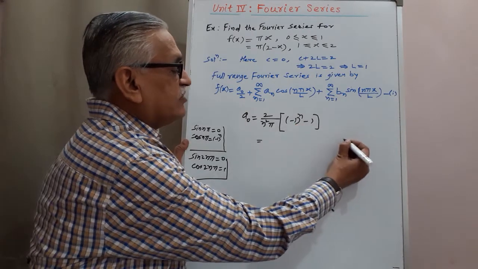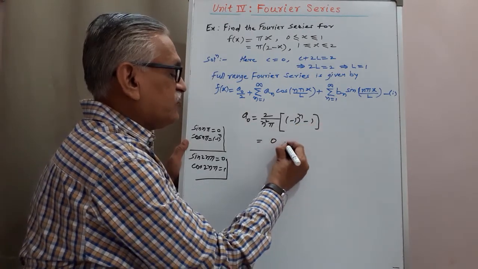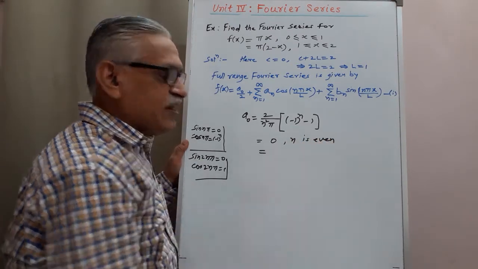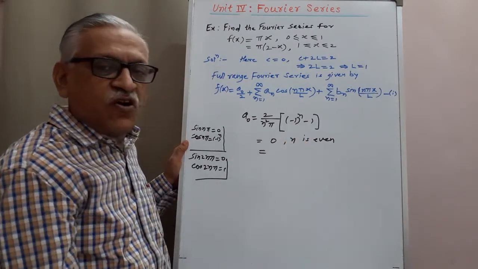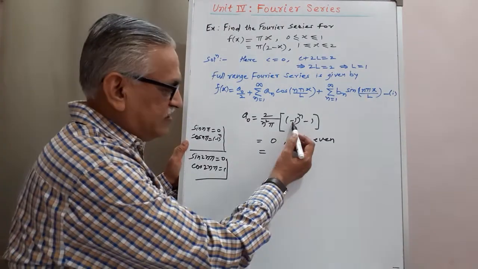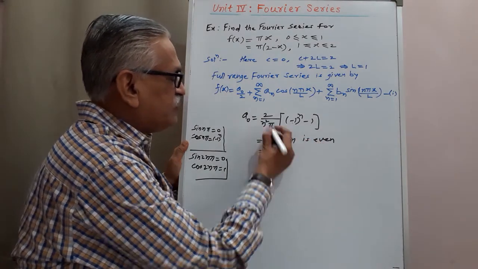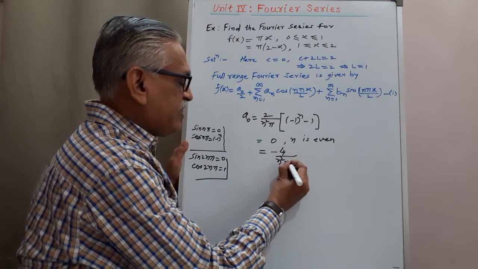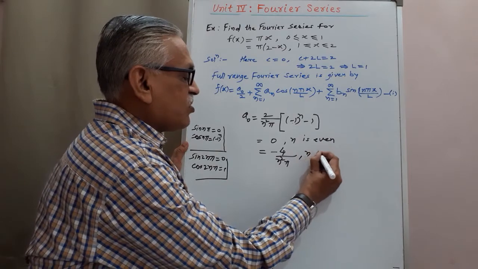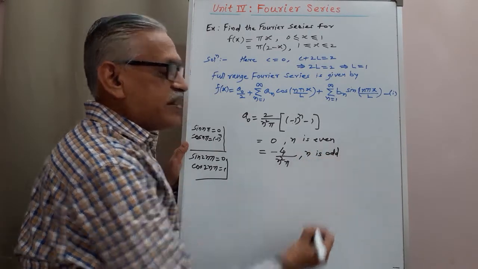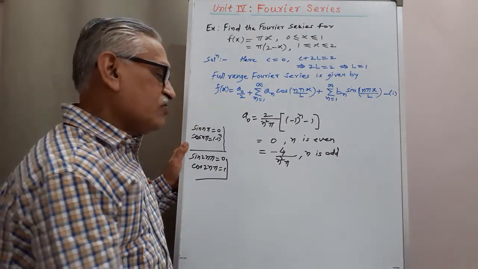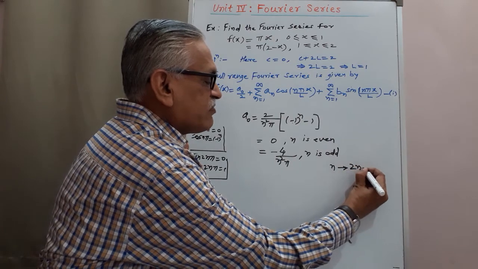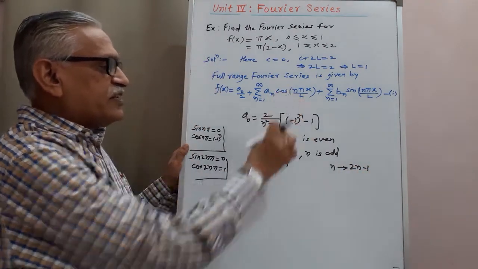When n is even, it becomes 1 minus 1, that is 0. When n is odd, minus 1 raised to n minus 1 gives minus 2, and into this 2 it becomes minus 4 divided by n square pi if n is odd. And as the value exists for odd values of n, we have to replace n by its general term 2n minus 1 while substituting it in equation number 1.